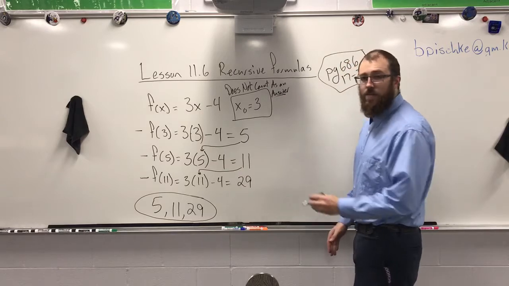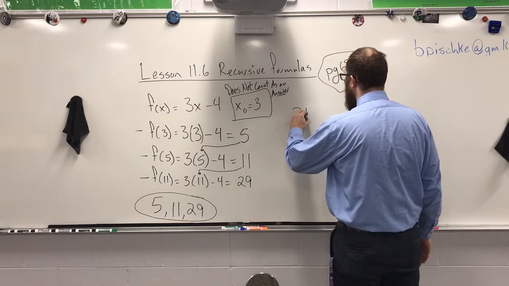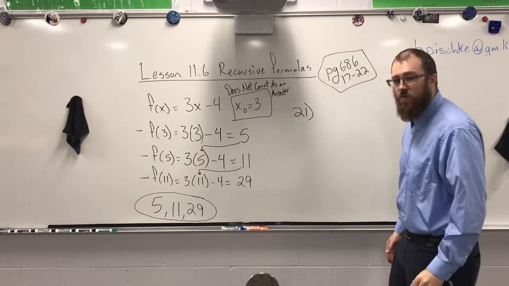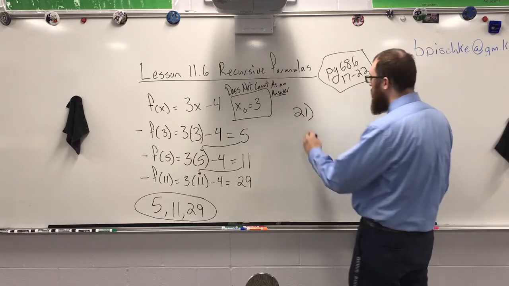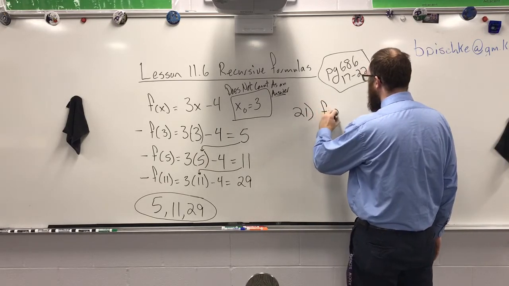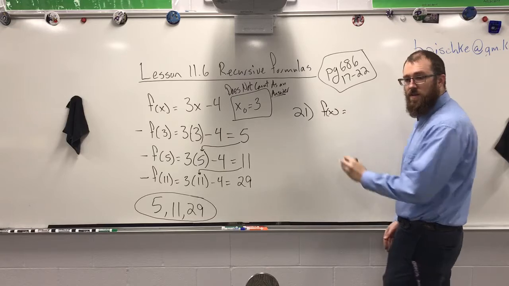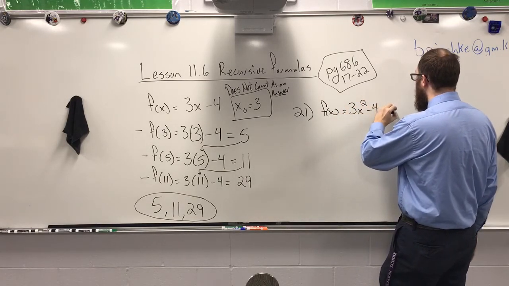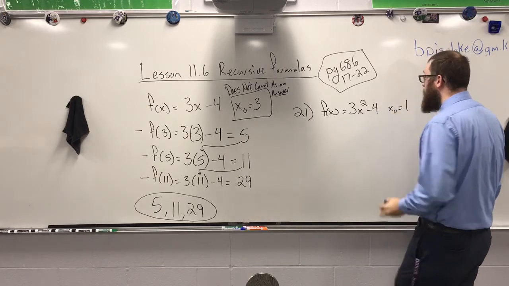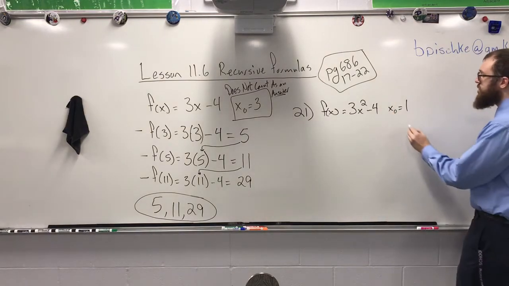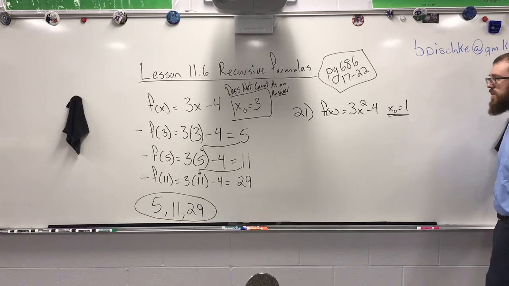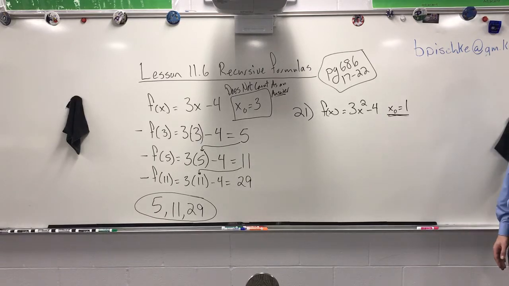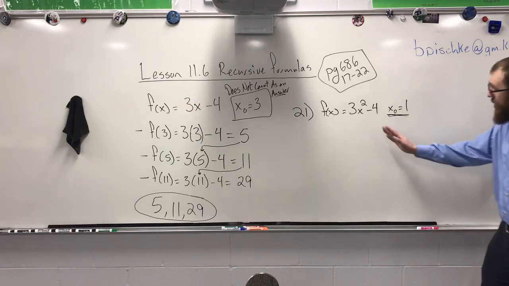Okay? I am going to work one of these problems with you so you have another example, and that's problem 21. Problem 21 gives us f(x) equals 3x squared minus 4 with x0 being 1. This is the initial thing we're going to plug in for x in the formula.